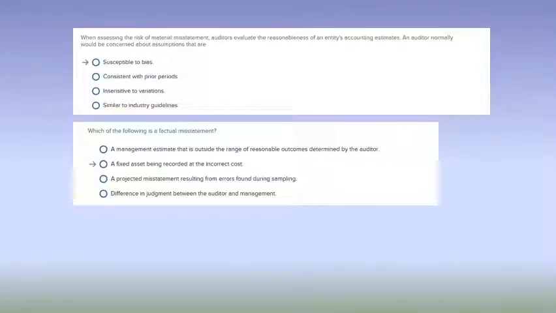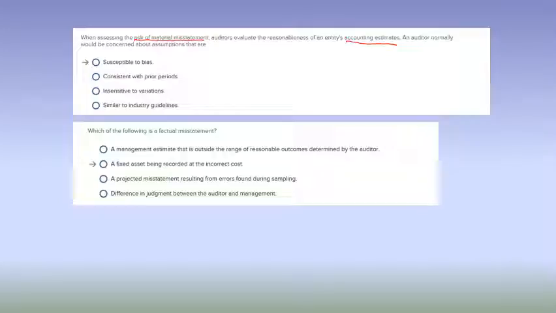So let's go ahead and take a look at a couple of questions here about misstatements. We are talking here about accounting estimates in this first one, along the lines of the misstatements that we were talking about coming from estimates, judgmental misstatements. It says, when assessing the risk of material misstatement, which we will get into in the next couple of slides, an auditor normally would be concerned about assumptions that are susceptible to bias.